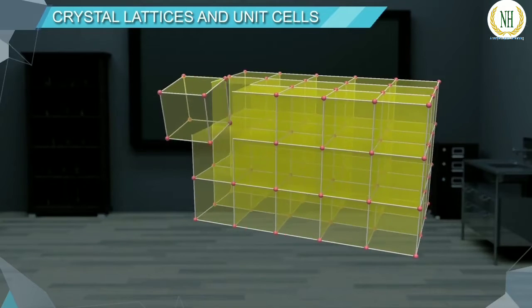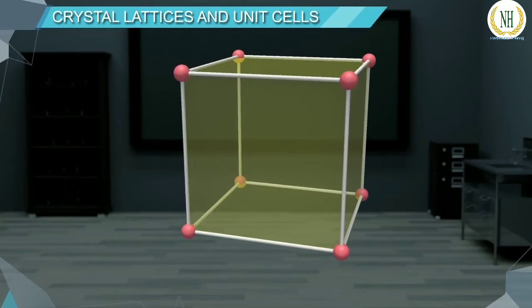A unit cell is represented by three edges a, b, and c along the x, y, and z axes. Please note that all these edges may or may not be mutually perpendicular to each other.